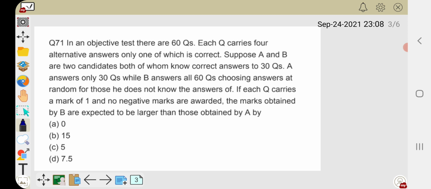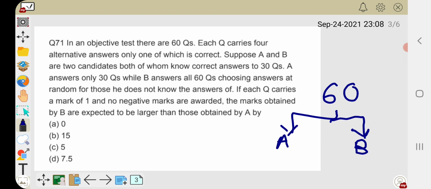Next question is, in an objective test there are 60 questions. Each question carries 4 alternative answers, only one of which is correct. Suppose A and B are two candidates, both of whom know correct answers to 30 questions.